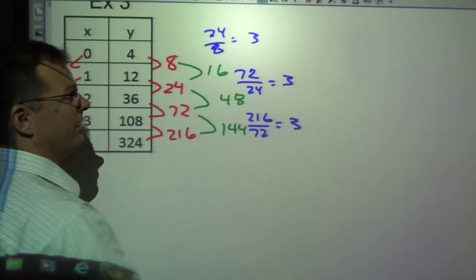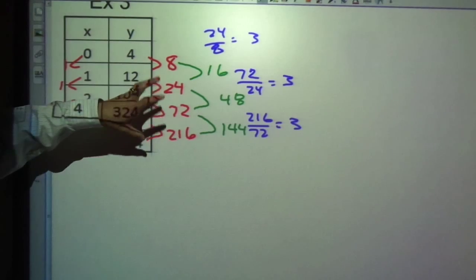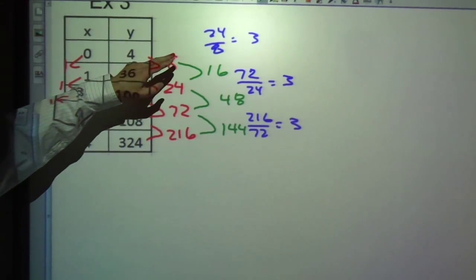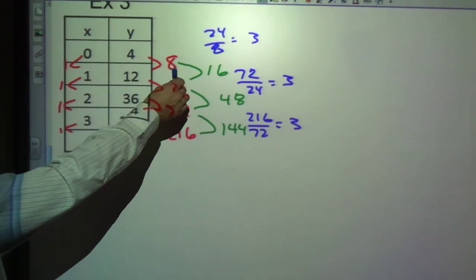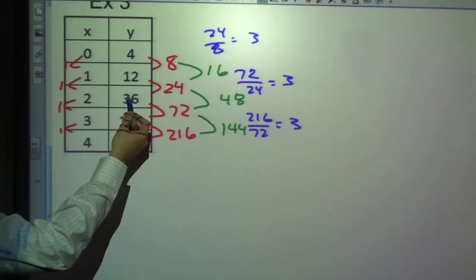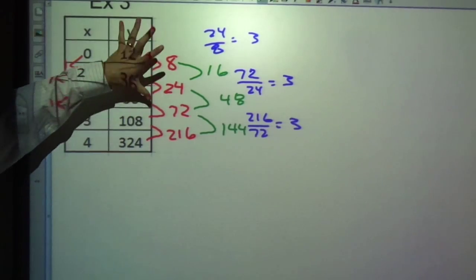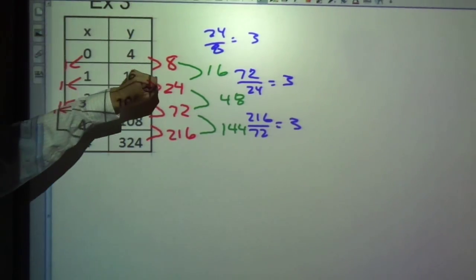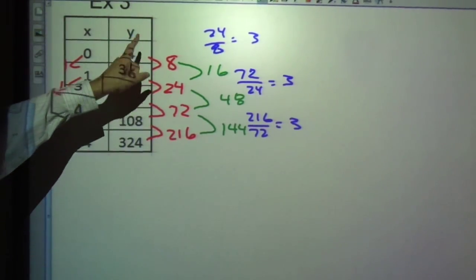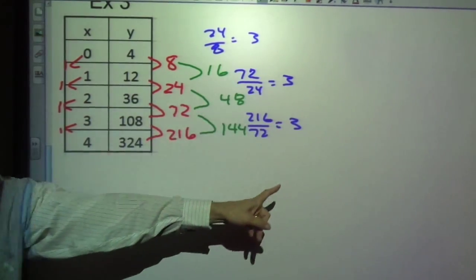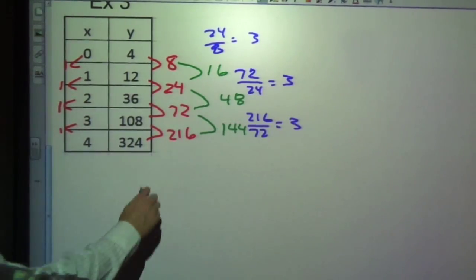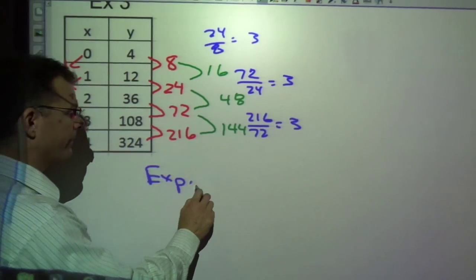Hey, that's 3. If I find that there's a constant ratio when I divide them, it basically means I'm taking this number times 3, this number times 3, and so on. We're not having a constant rate of change, it's an exponential rate of change because every time there's a multiplier of 3. And if that's the same, then we can say this is exponential.